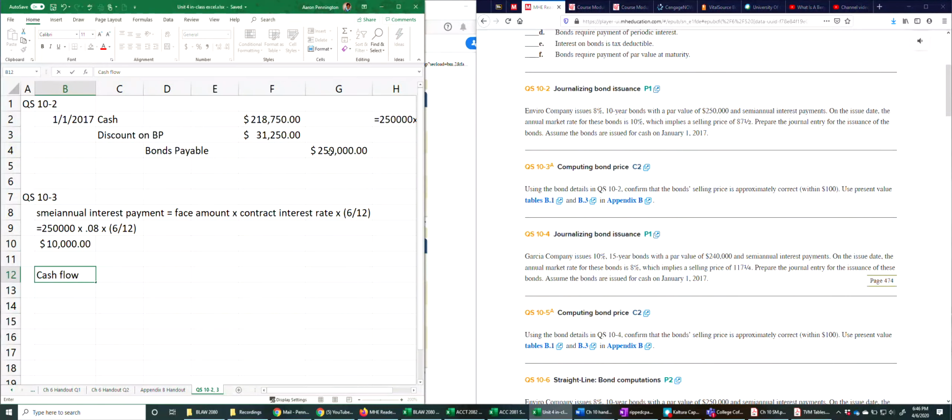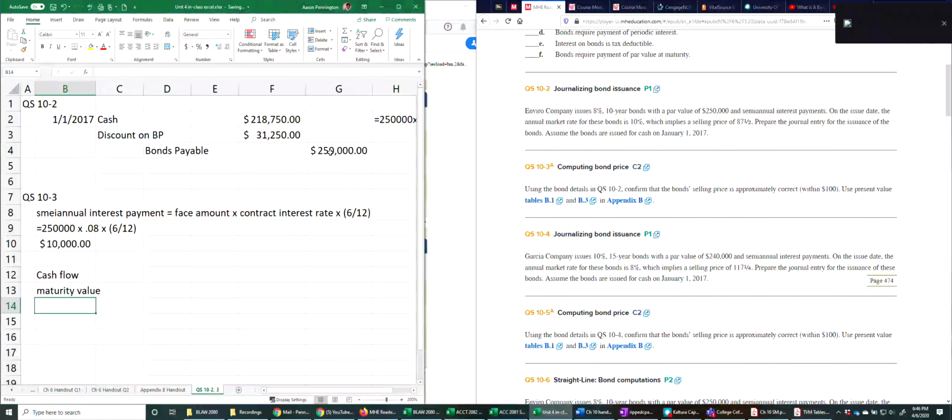When you buy this bond, what are you buying? Well, you're buying your maturity value and you're buying your semi-annual interest payment that you'll get twice a year for 10 years.